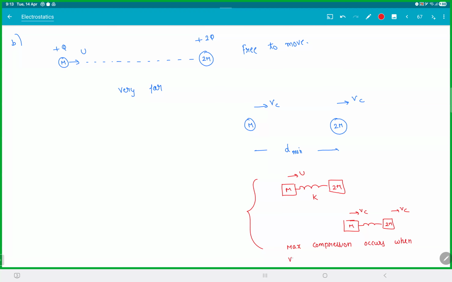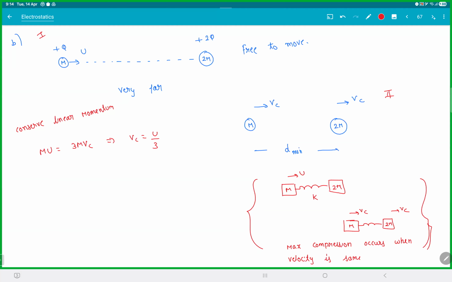Max compression occurs when velocity is the same. So we can do the same argument here. This is state 2, this is state 1. Since there are no external forces, we can conserve momentum. That would be mu is equal to 3m vc. We get vc is equal to u by 3. So that is the main idea there.